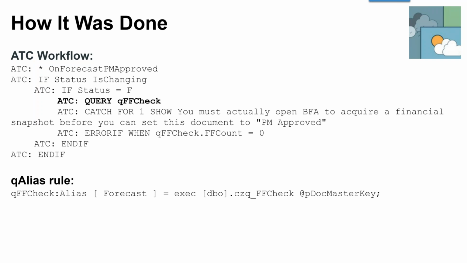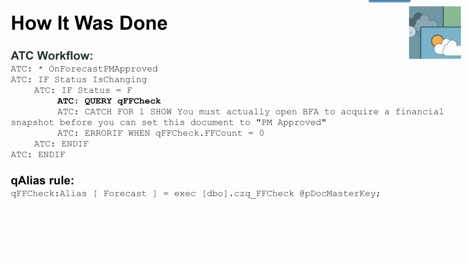This is a third approach that we used for SECO's solution, and it uses a little bit of our workflow scripts. And the workflow script just says if the status is changing and it's changing to that specific status code, F must be PM approved, it runs a check. That query there is going to be a tiny little bit of SQL that we helped them put together that checks to see if there's been a financial snapshot taken.